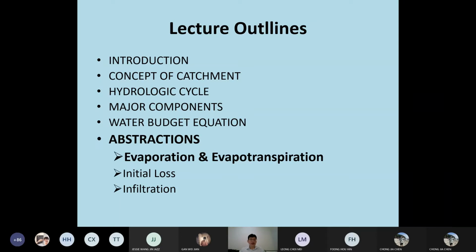Today we need to talk about the part where, say, the total rainfall is 100% and 50% becomes surface runoff. Where does the other 50% go? It goes through evaporation, initial losses and infiltration. This is the entire balance of the water.